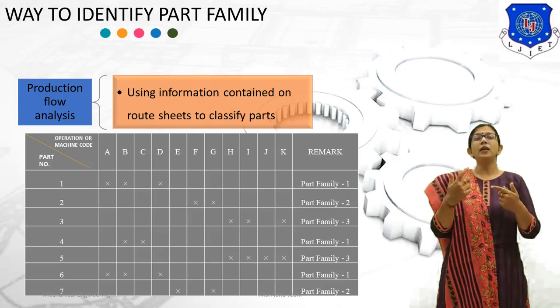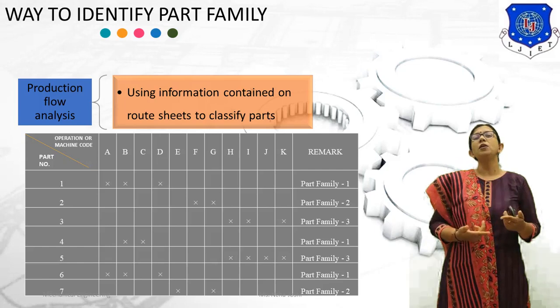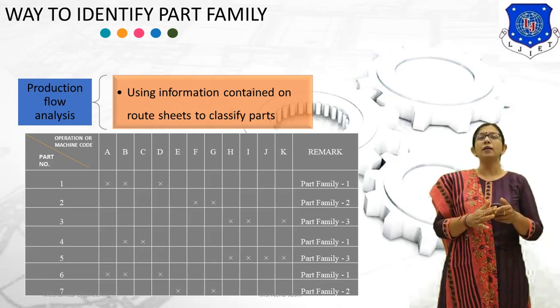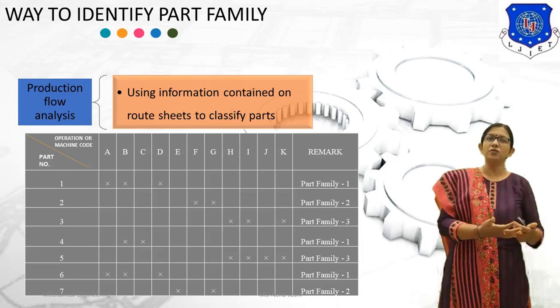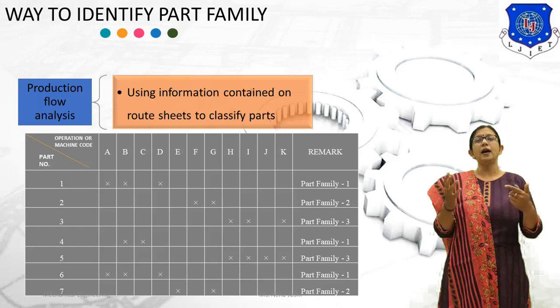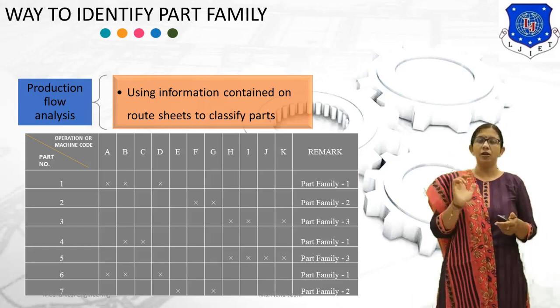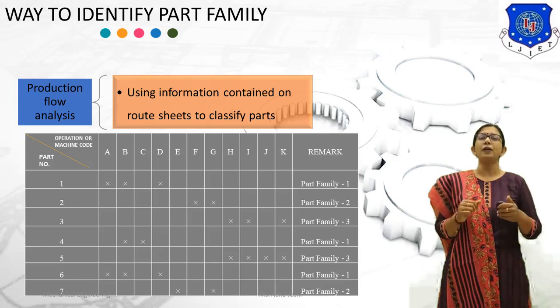The data from the PFA chart is then analyzed, and parts requiring similar operations are grouped together as a part family. Now, based on the similarities in manufacturing operations required, part numbers 1, 4 and 6 are grouped into part family 1. Part numbers 2 and 7 are grouped into part family 2.